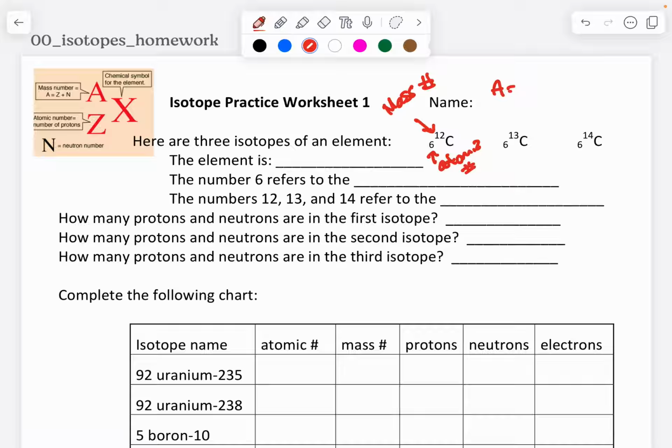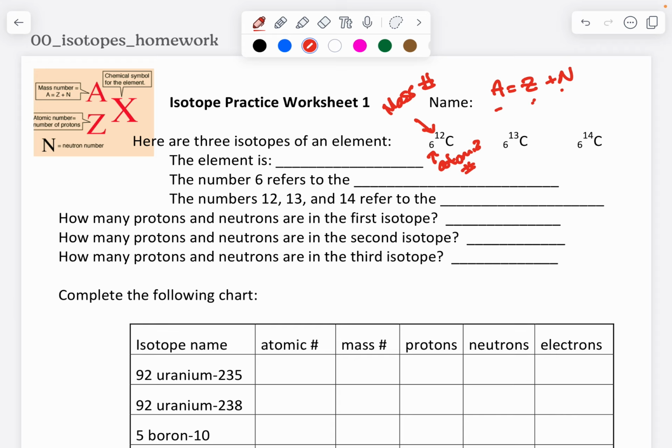If A is the mass number, and Z is the atomic number, then here's our equation for the mass number: n, the number of neutrons, plus the number of protons, Z, would give you A, which is the mass number.